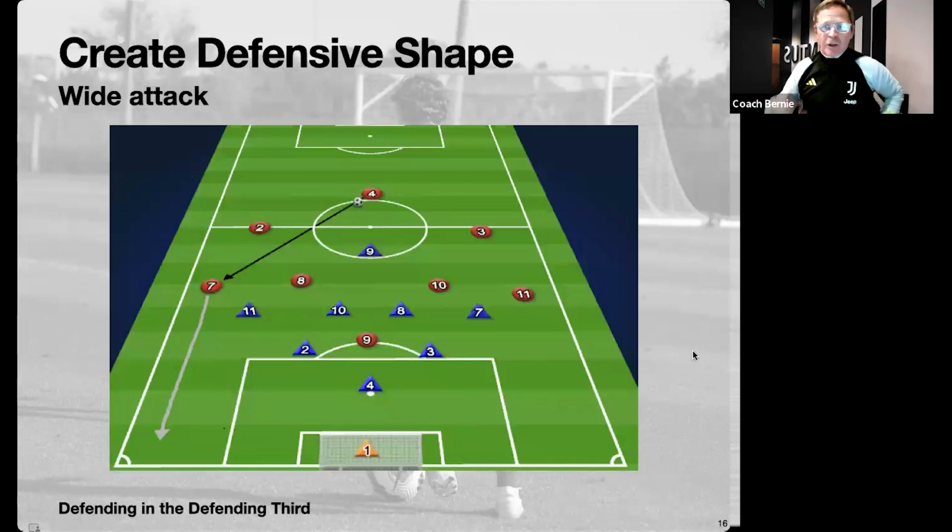All right. So let's talk about a couple of specific scenarios. We're going to talk about what the options are. So in this particular moment, right, here's our nice, tight, compact defensive shape. This is a 9v9 formation, so there's 8 field players and a goalkeeper. And the center back, the number 4, finds a wing player, the opposing wing player over here, the 7.